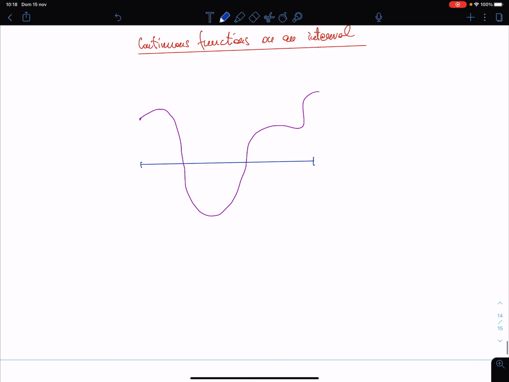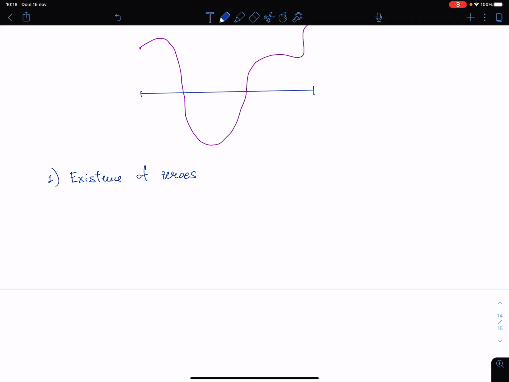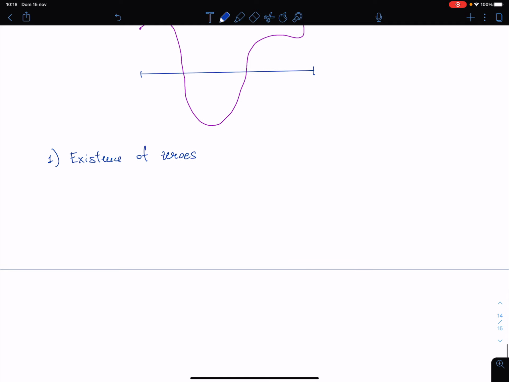The first one is the so-called theorem of existence of zeros. This theorem, which as far as I know is due to Weierstrass, he was the pioneer of the continuous function, says the following things.